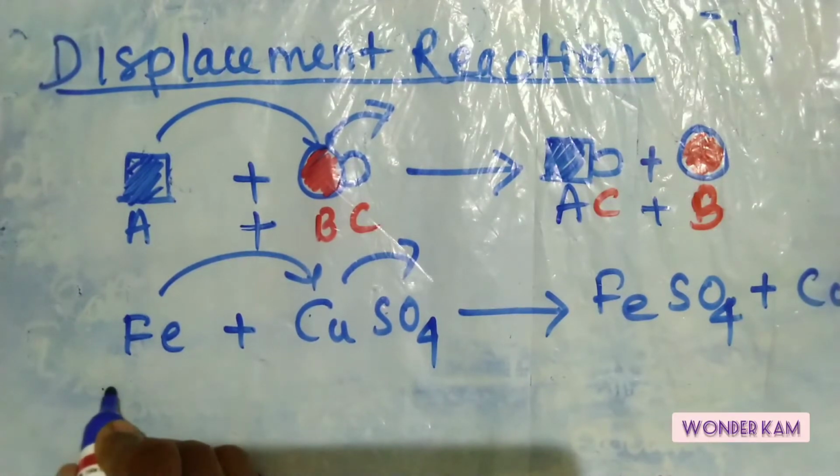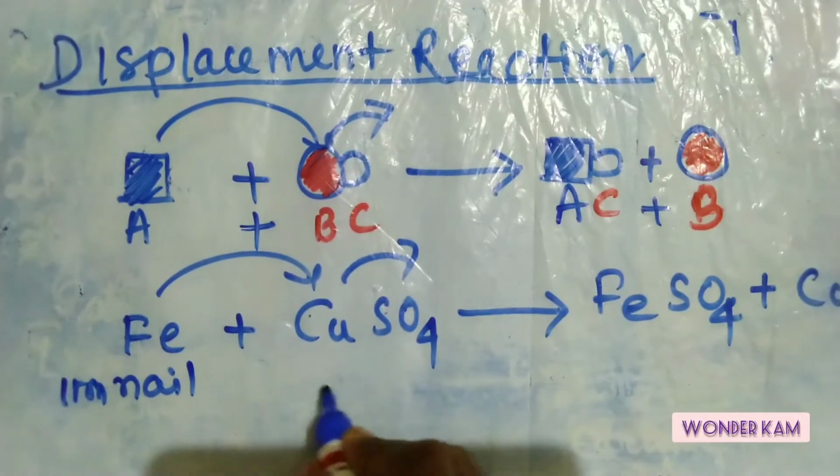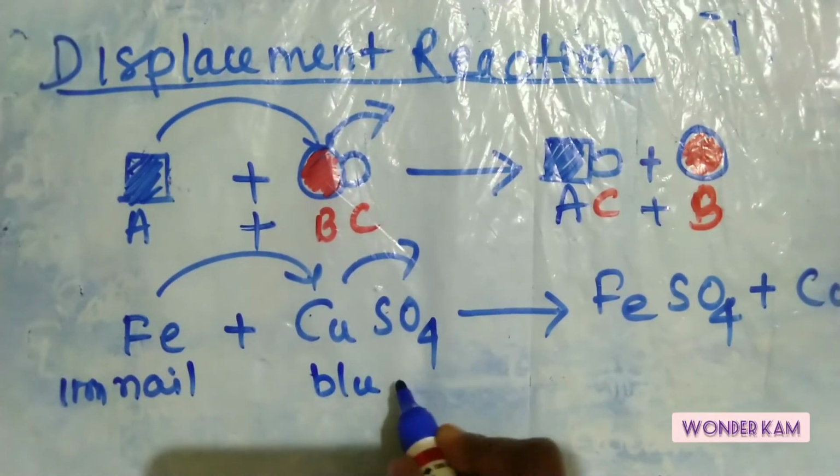We will take one iron nail. And this is a blue color solution, also known as blue vitriol.